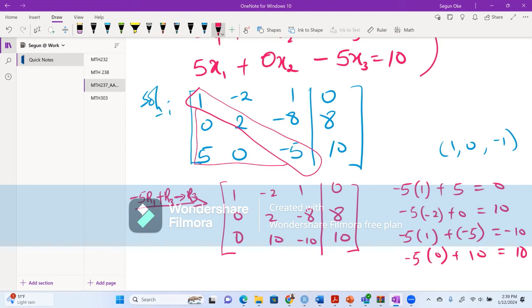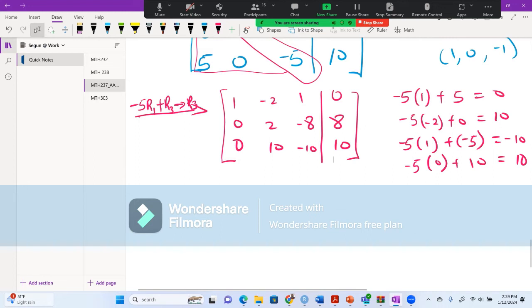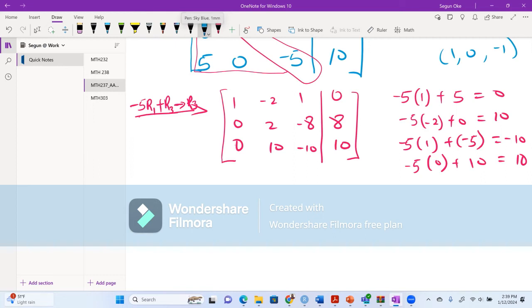Any question? So, one step at a time. I can proceed now. Something is common in my R2. I can do that fast. Who can tell us what to do in R2? Please look at the board. Your R2, what do you do? Times by half.